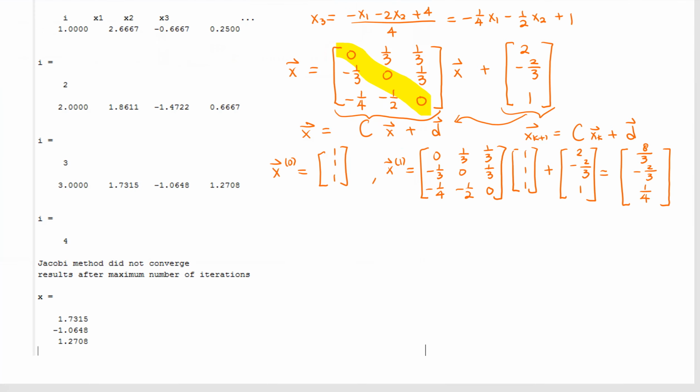Is that okay, everybody? Your calculator should have multiplication and addition, so you can do all of them together. So everybody, please learn how to use your calculator. Okay, and so that's x1. x2 is the same thing: 0, 1/3, 1/3, minus 1/3, 0, 1/3, minus 1/4, minus 1/2, 0.